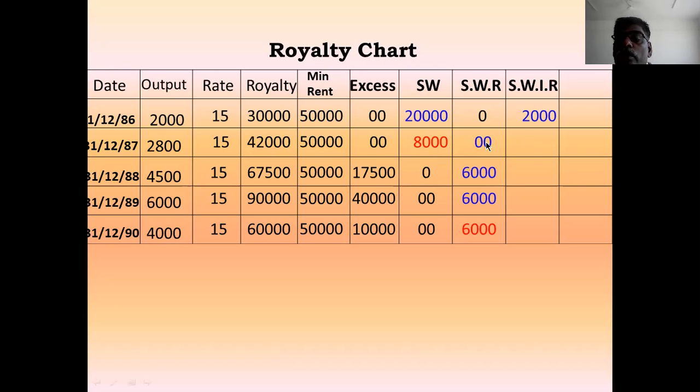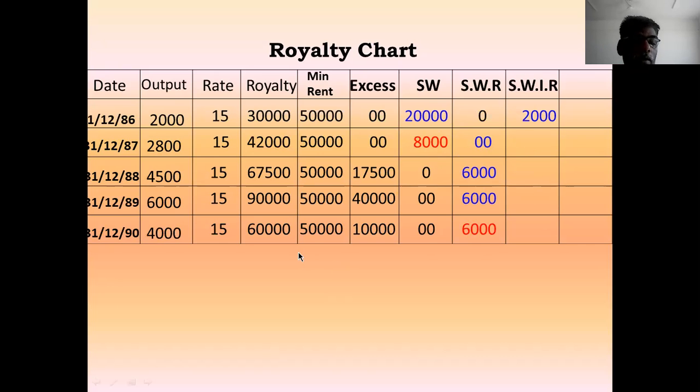I put 0 here. 6,000 plus 2,000, 8,000. I transfer 8,000 to the irrecovery column. How did this 8,000 arrive? Out of 20,000, the 6,000 written here, plus out of 8,000, 2,000 plus 6,000.